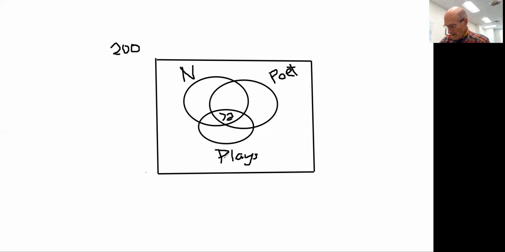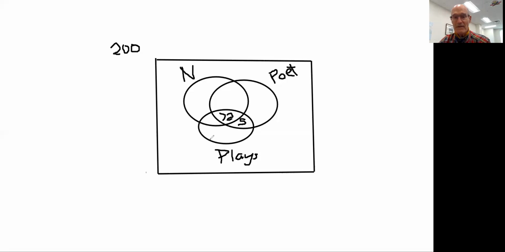Now if I come down here, right here, we're going to put 5 in here. What that says is there are 5 people here that like poetry and plays, but not novels.